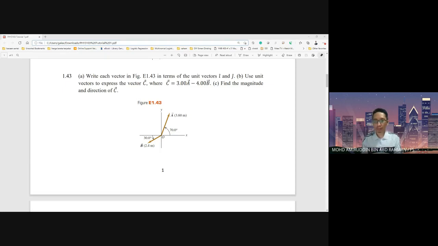And for the direction, you need to find the angle. The y component of C is 14.94, and the x component is 12.01. So you find the inverse tangent of that, meaning tangent theta equals 14.94 divided by 12.01.